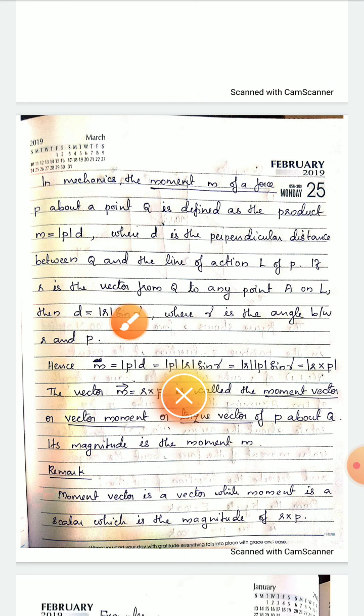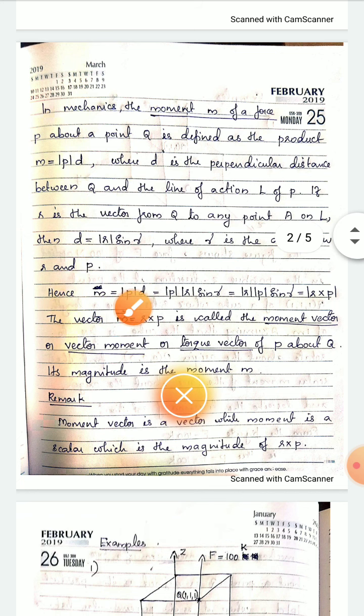Hence the moment can be written as M equals mod P into D, and substituting D equals mod R into sine gamma, M equals mod P into mod R into sine gamma.